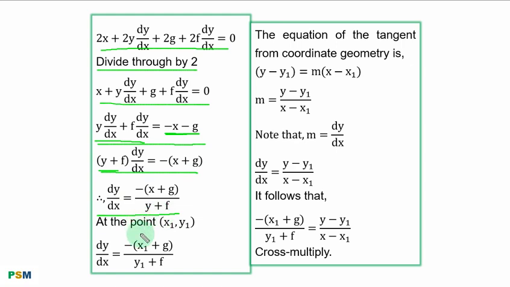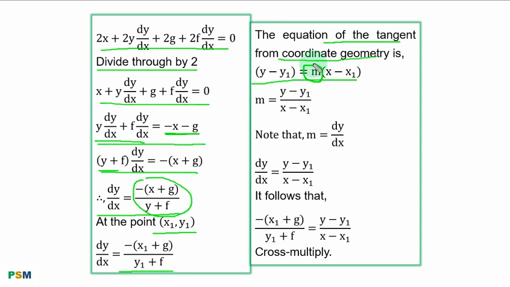At the point s1, y1, dy/ds is equal to, you come here, you replace s with s1 and y with y1, you have this result. The equation of the tangent from coordinate geometry is expressed in this form, where m is the tangent.